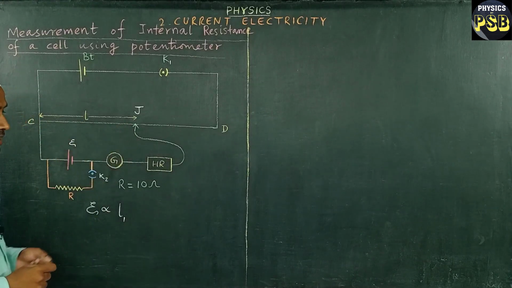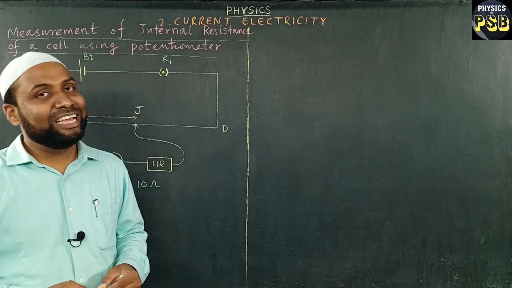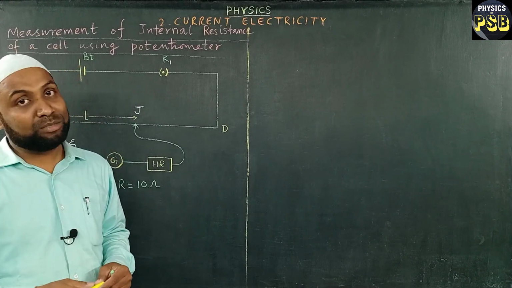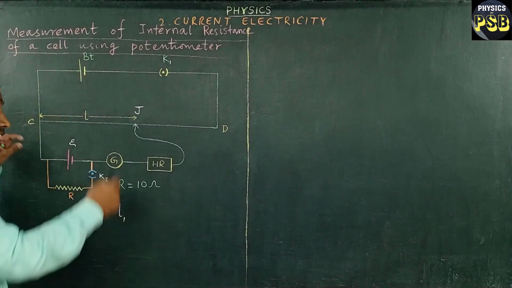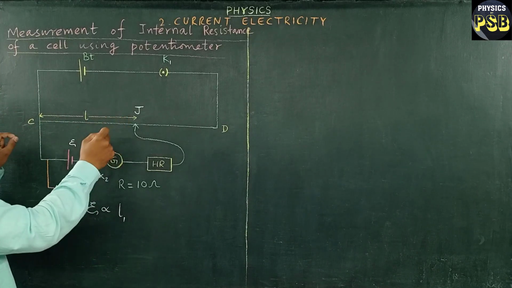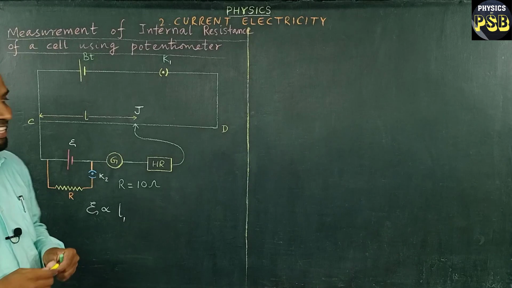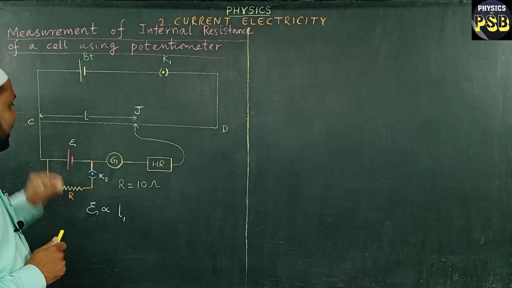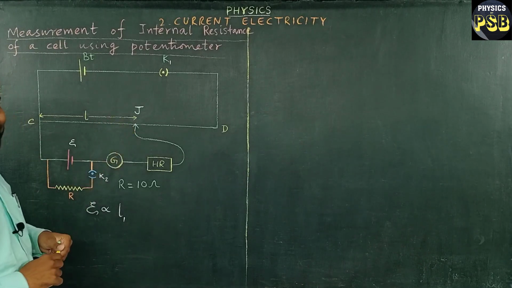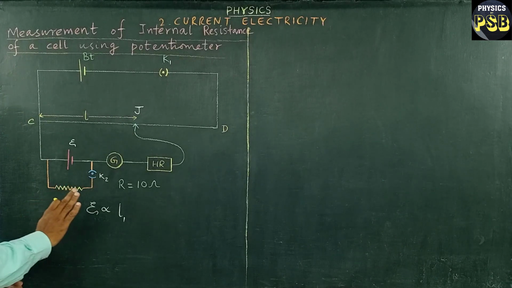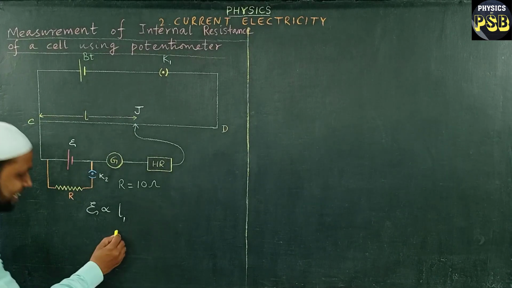At one point, the galvanometer shows null deflection. We call that point the balancing point, and the length of the potentiometer wire between C and point G is the balancing length. Now, this balancing length is taken as L2.